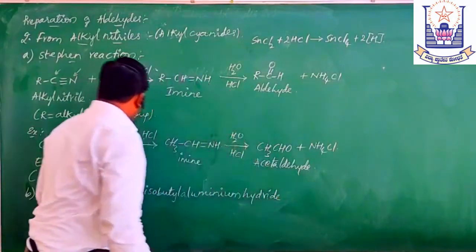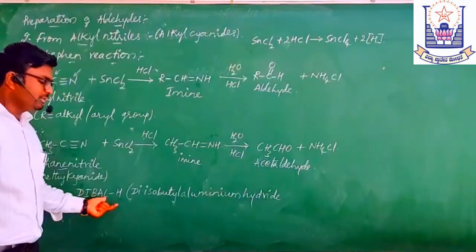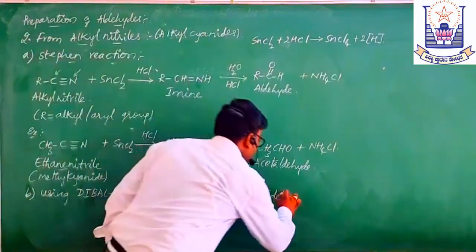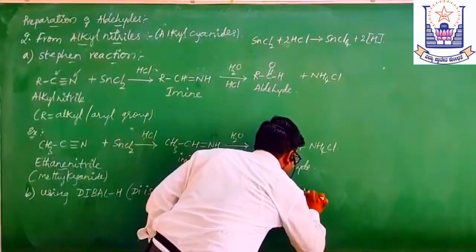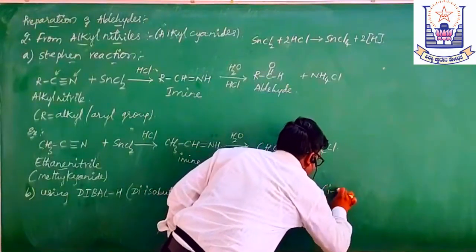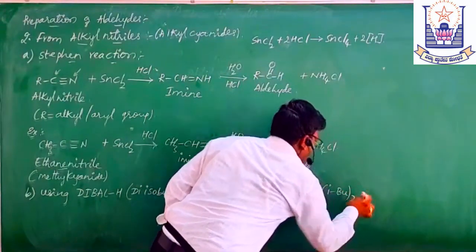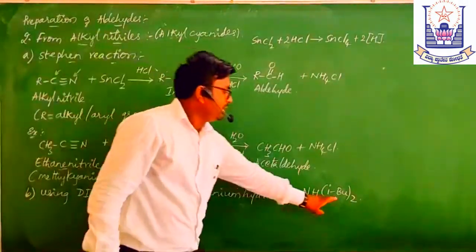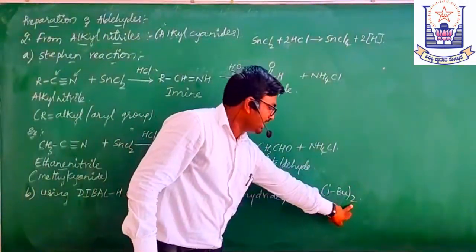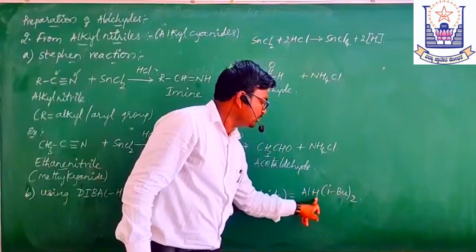Okay, diisobutyl aluminum hydride. It can be written like this. The formula of diisobutyl is this. Di-2 stands for diisobutyl aluminum hydride.